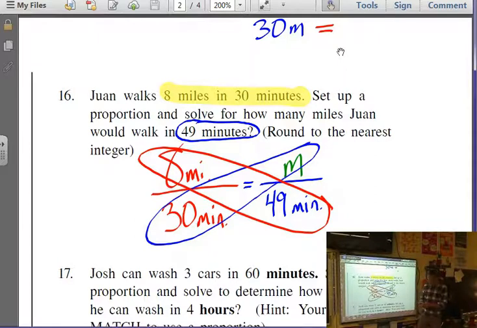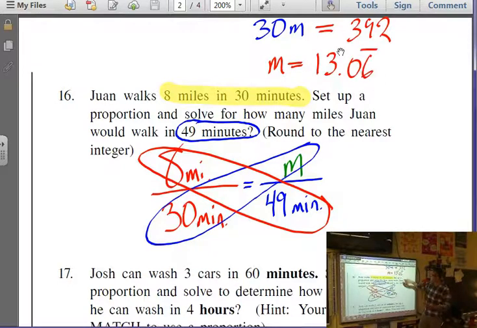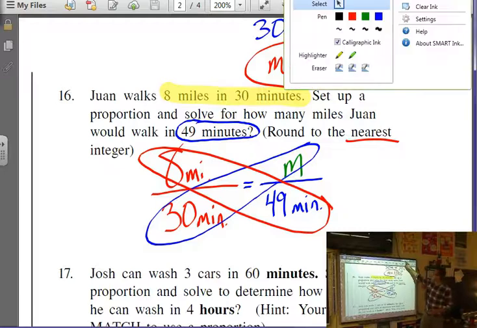So 49 times 8 is 392. Now that is not my answer because we're trying to solve for m. Remember, m is connected with the 30 by multiplication. We need to divide, so we're going to take that 392 and divide it by 30, and we get just slightly over 13. It's 13.06 repeating forever, but it says round to the nearest integer, so this would just be 13 miles.